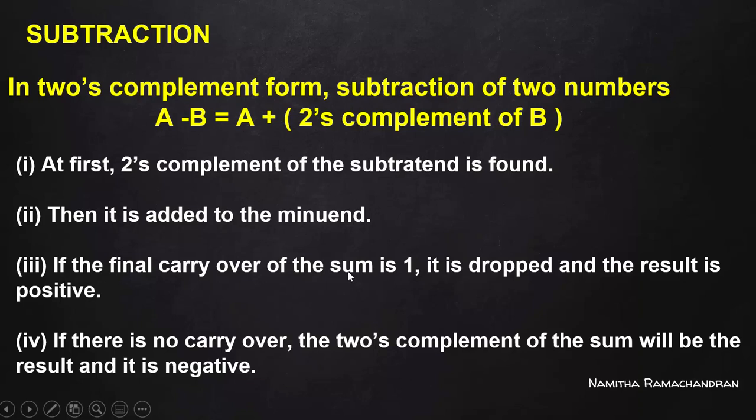Then after the addition, analyze the result. If a final carry out occurs in the sum, equal to 1, we can conclude that the result is positive. We simply discard that carry out and the remaining bits give the magnitude.